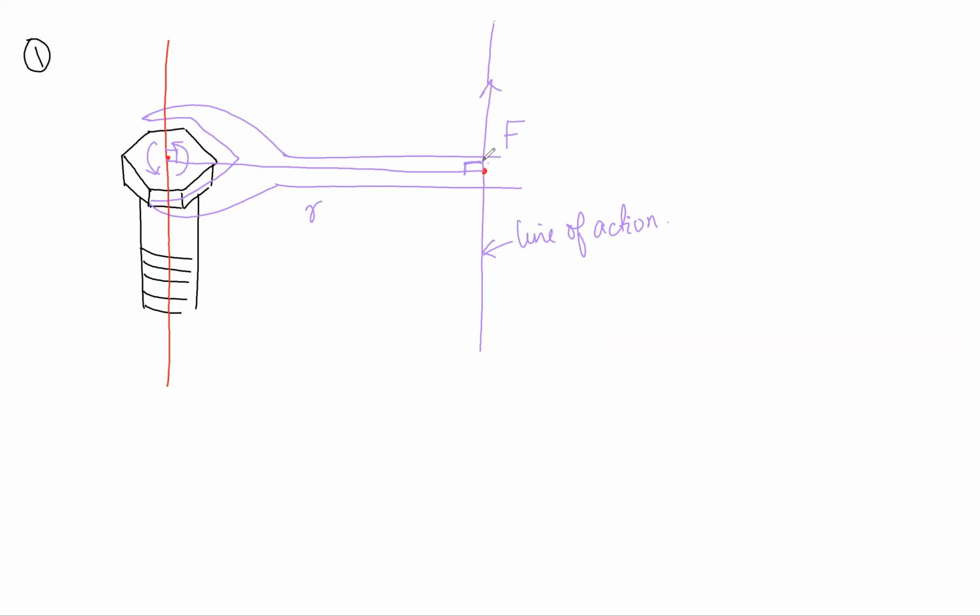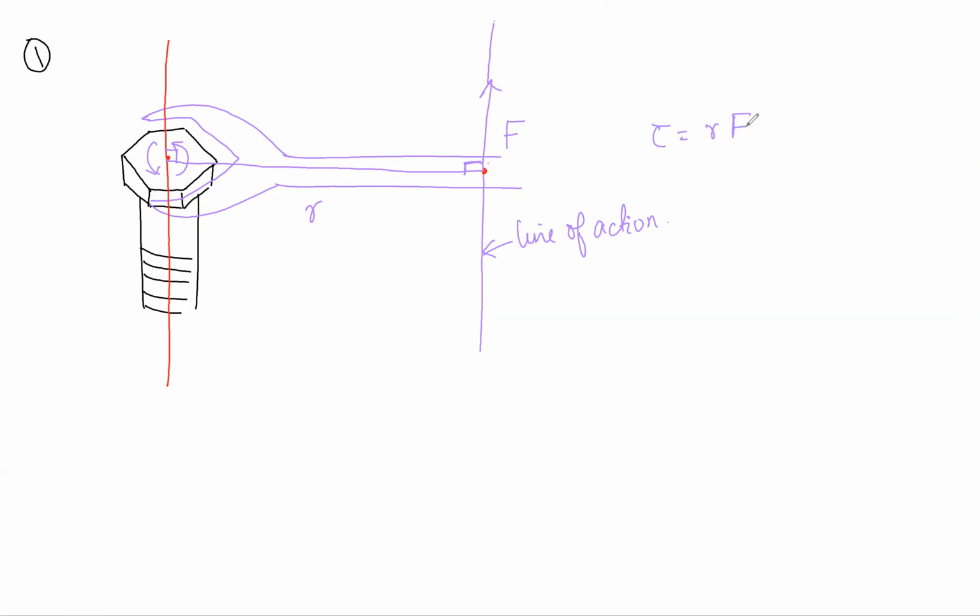If you want to prove this to yourself, on the table, put a pen, put another pen vertically nearby, and find the shortest distance between these two pens. That is the perpendicular distance. In school, you must have studied the perpendicular distance between two lines. There is one axis, there is another line of action, and you can find the perpendicular distance between them, that is r. So you can now write torque is equal to r into F.